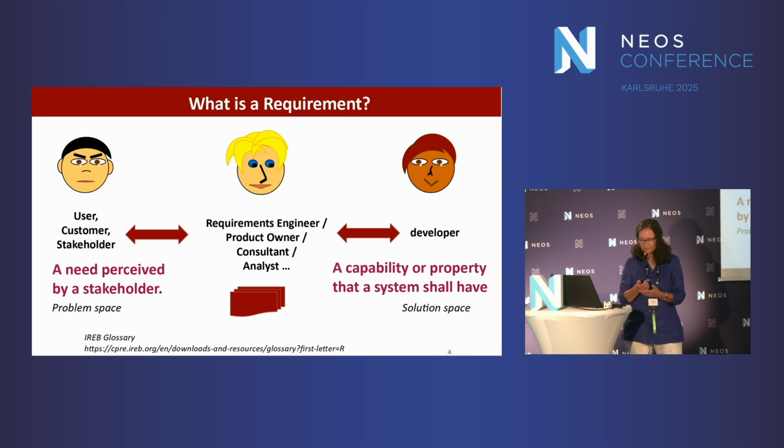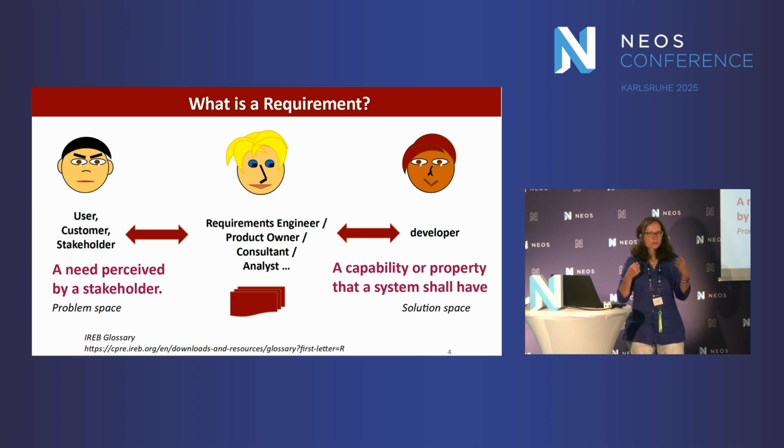And so this is also reflected in the definition of a requirement, because you have finally two different types of requirements. They all are called requirement, but some are in the problem space, so there you have a need that the stakeholders have. They should not say, sometimes they do, but they should not say, I need a button or something.